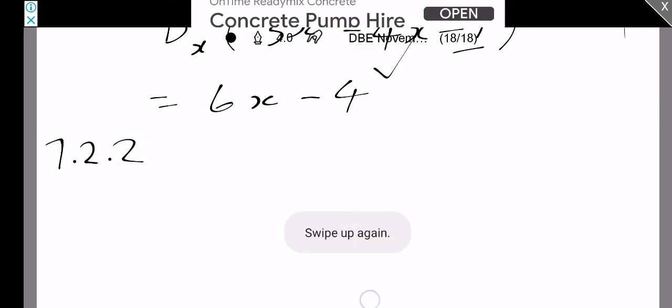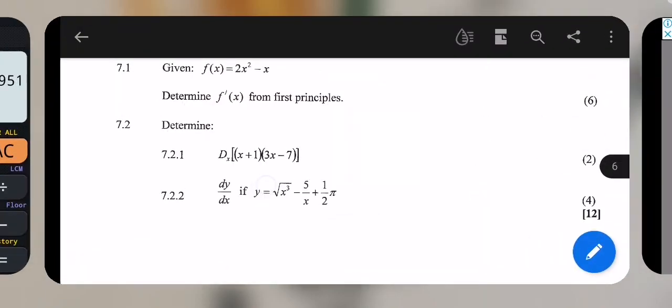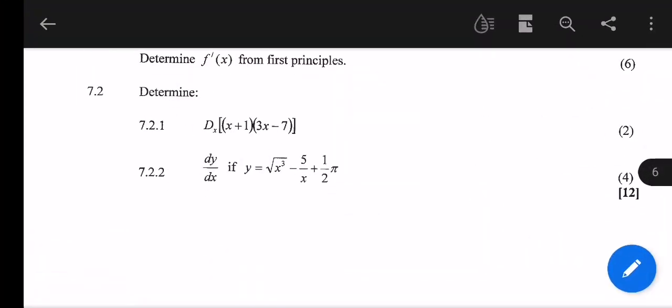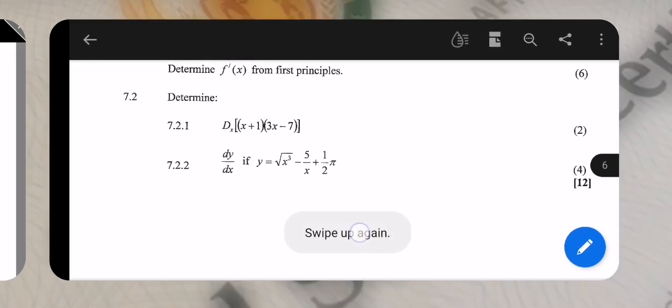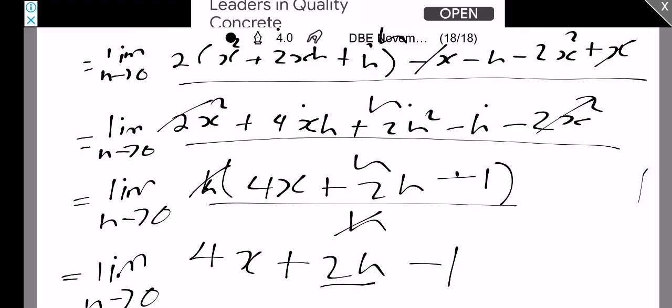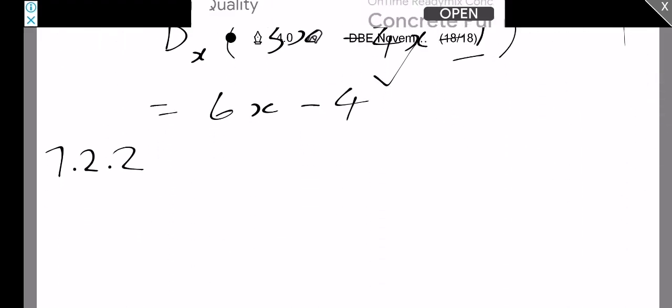Now 7.2.2. It says find dy over dx if y equals root of x cubed plus 5 over x plus half pi. Now this is where you score a lot of marks, guys.